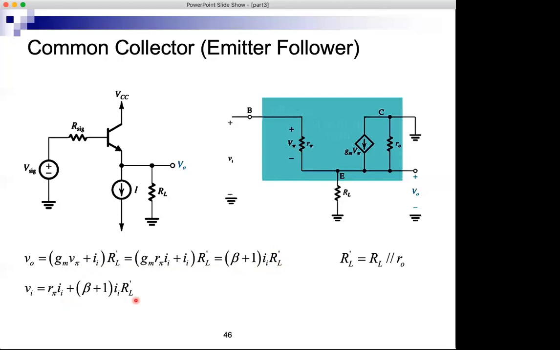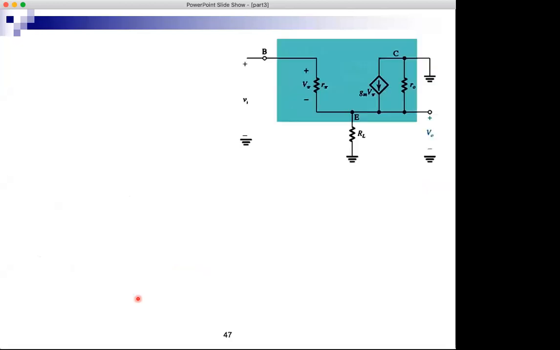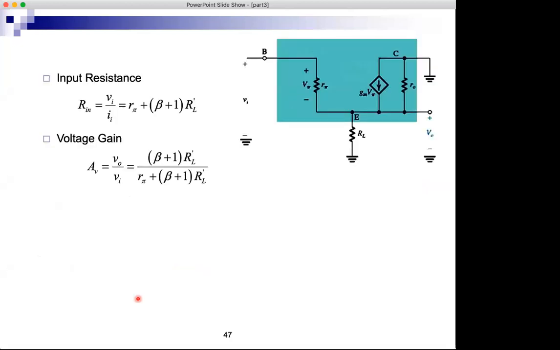And this is the equation for Vi. So from these two equations, we derive the voltage gain here. And we get beta plus 1 R prime L divided by R pi plus beta plus 1 R prime L. And you see also that this is less than 1. So just like the common drain, the common collector has a gain which is less than 1.